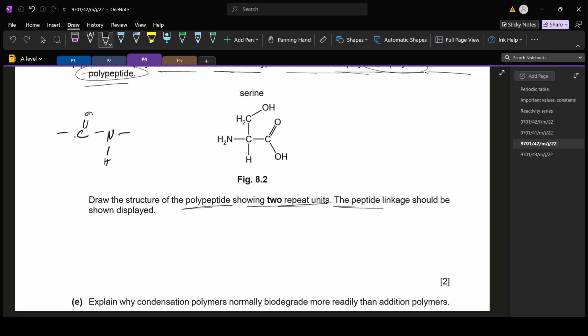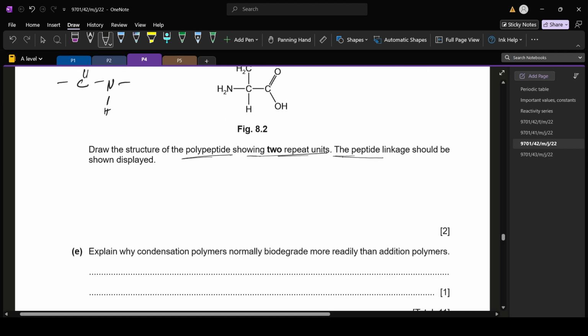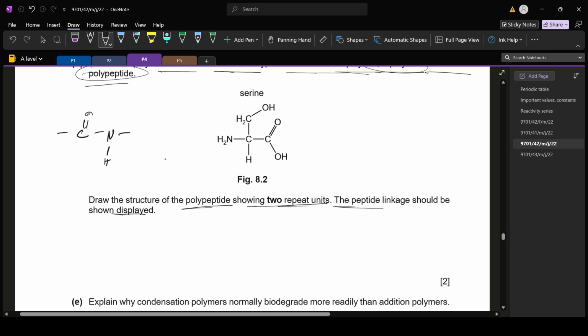The peptide linkage should be shown displayed. Now you can see that this has both carboxylic and amine groups, so this molecule can react with each other to form peptide bonds. You have to show the two repeat units.